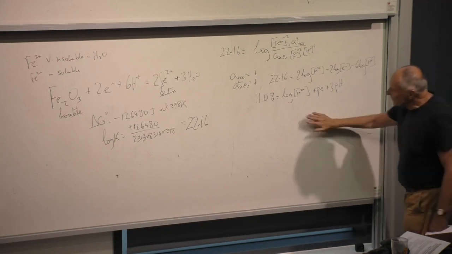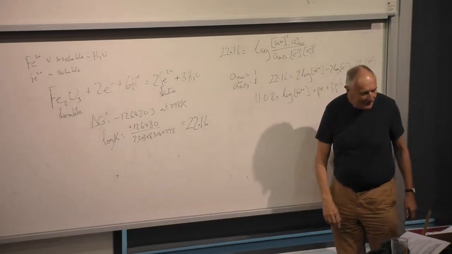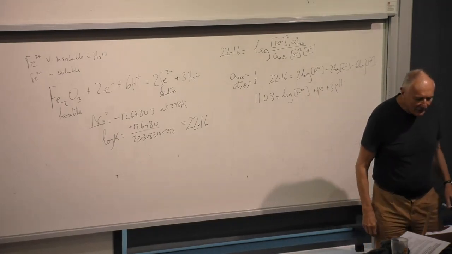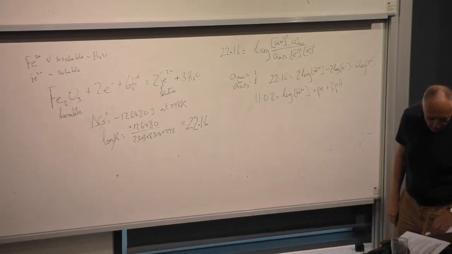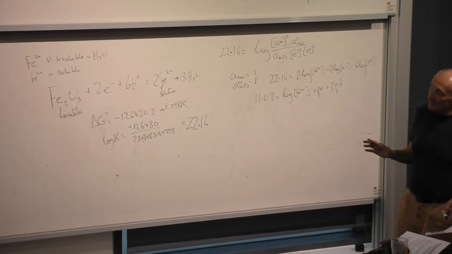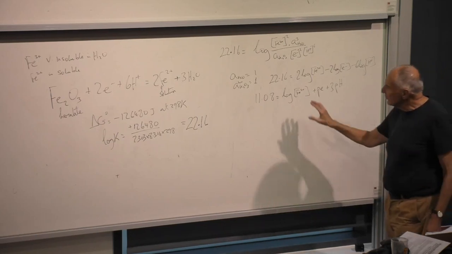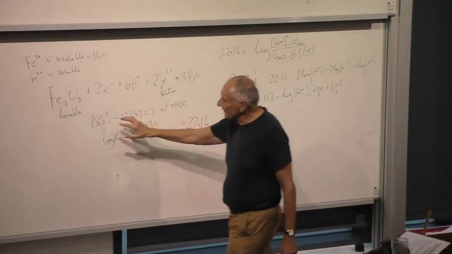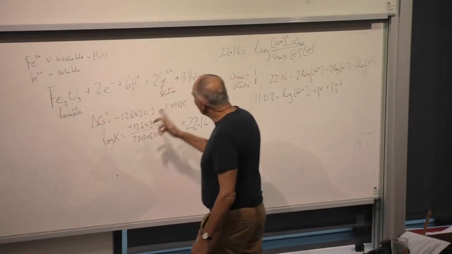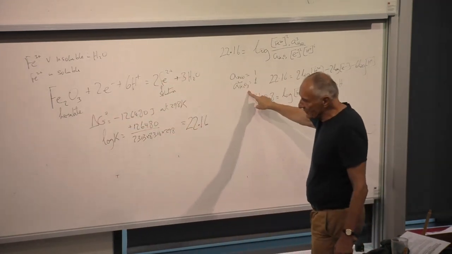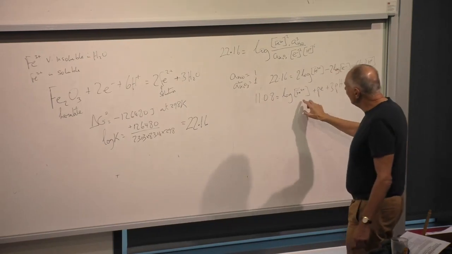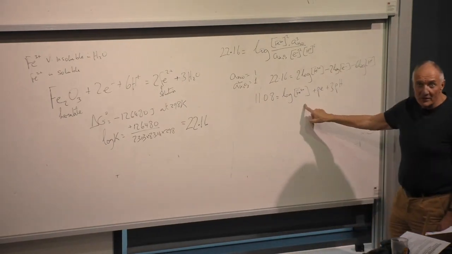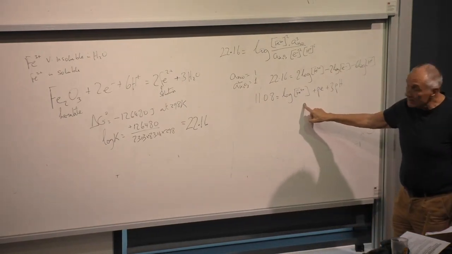But there is a convention. Of course, there's always a convention, isn't there? So the convention is that when we are plotting these diagrams, if we have a solution species in equilibrium with a solid, we set the activity of the solid to 1, which we've done, and we set the activity of the solution species to 10 to the minus 6.